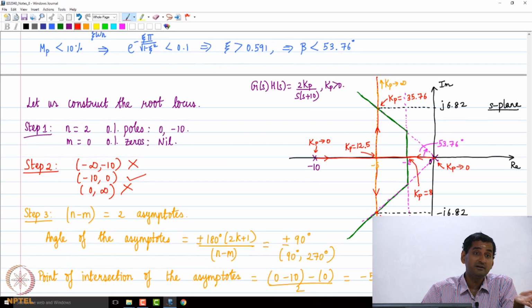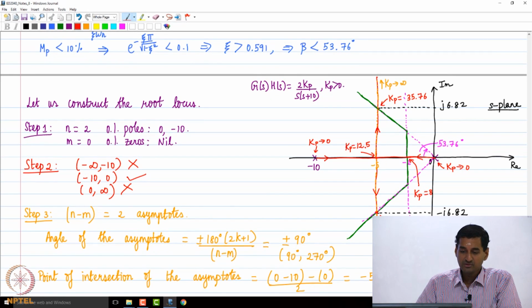When you calculate the roots, since we are dealing with a real polynomial, that is, a polynomial with real coefficients, if you have a complex root, the conjugate must also be a root. So conversely, if you parameterize the polynomial using one parameter, and you choose any two complex conjugate roots which are solutions to that polynomial, the value of the parameter should be the same. Otherwise there will be a dichotomy, right. That's why Kp is the same. So it doesn't matter whether it's minus 5 plus 6.82j or minus 5 minus 6.82j.